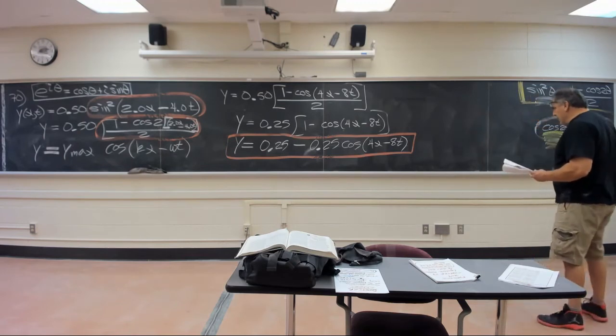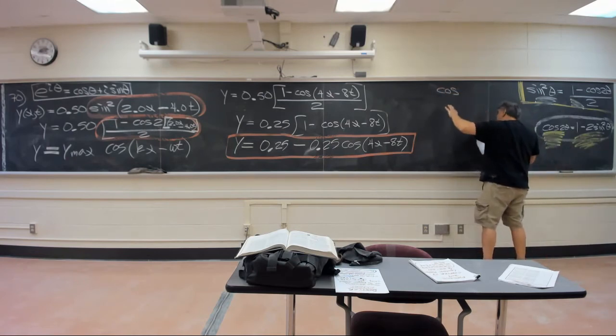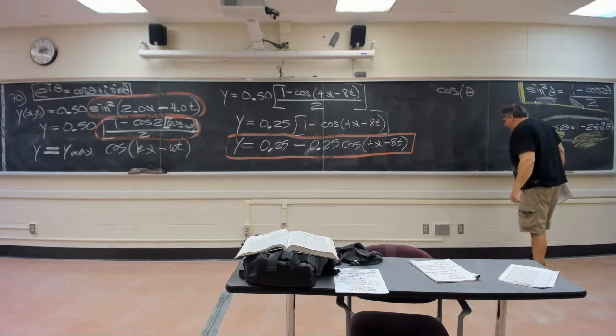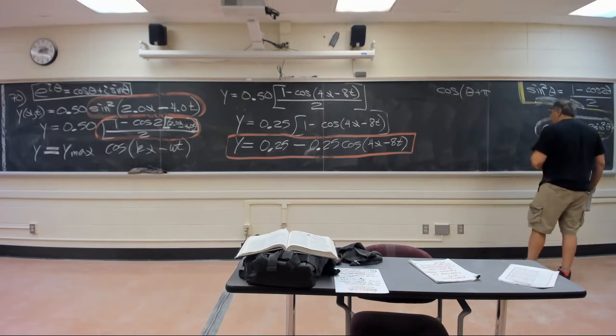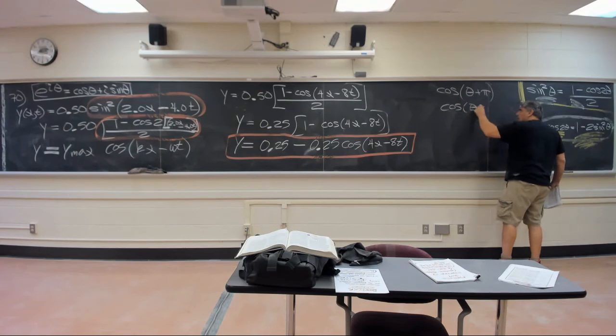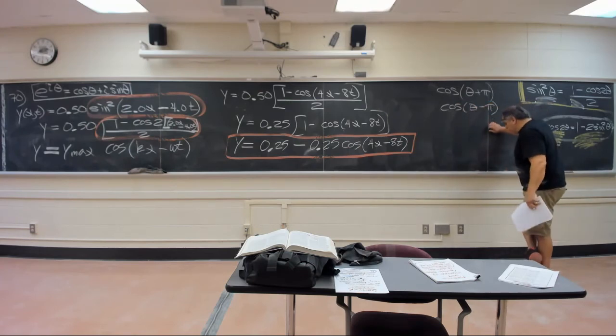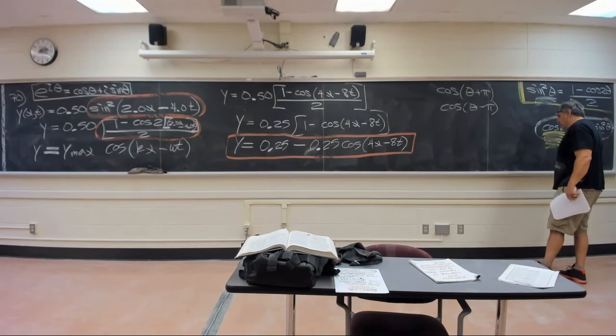If you make the cosine function, we're using radians now, if you make the cosine function happen earlier by pi units, or later by pi units, if you move the graph of the function over to the left and make it happen earlier by pi radians, or later by pi radians, what was happening earlier is going to happen somewhere else.